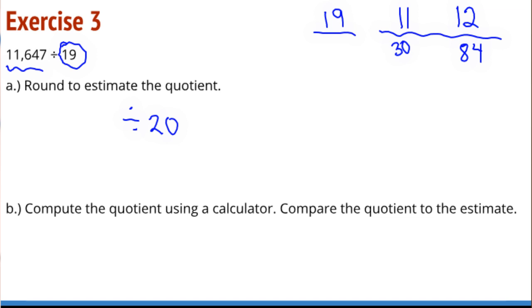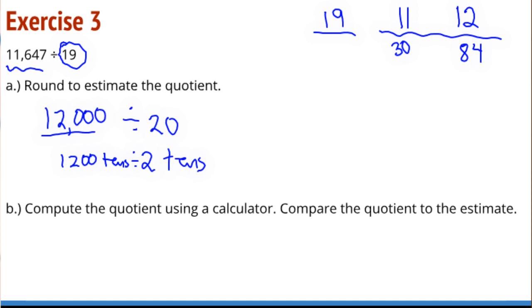And I think that I'm going to round that to be 12,000. Nice, easy number to work with the 20. And I'm going to write this as 2 tens. And then this is going to be 1,200 tens. So the tens will cancel out, and I've got 1,200 divided by 2, which will give me an estimate of 600.